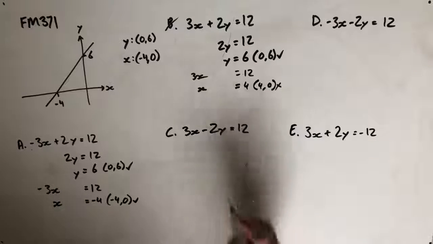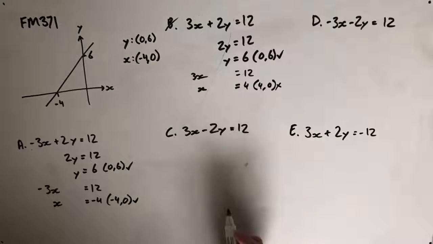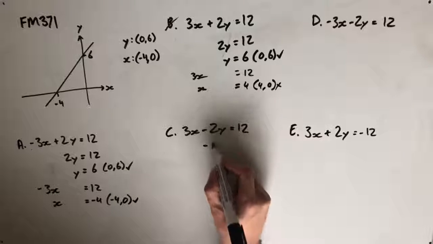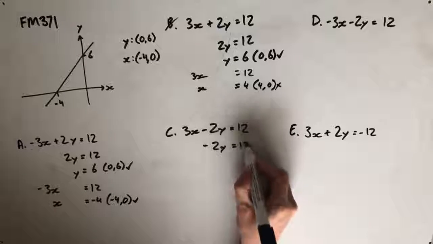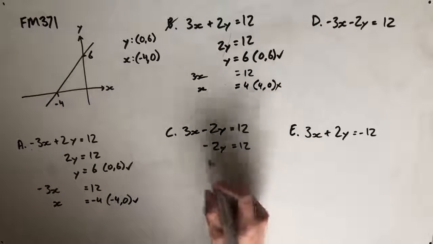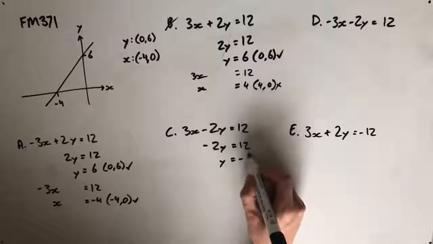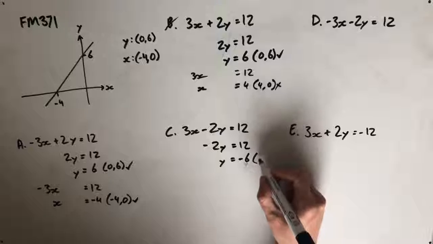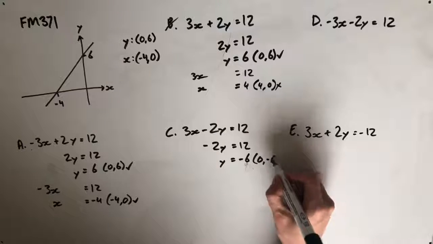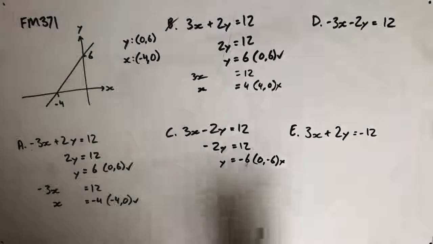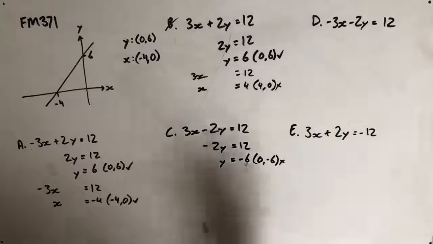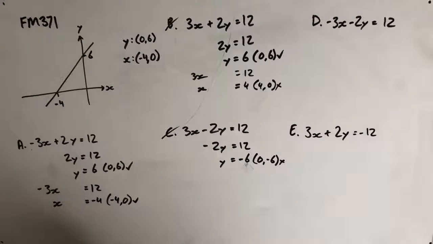Moving down to option C. Substituting 0 for x to find the y-intercept, we're left with -2y equals 12. Dividing both sides by -2, we get y equals -6, which means the y-intercept occurs at 0, -6. This isn't what we're looking for. We're looking for 0, +6, so C is not our correct answer.